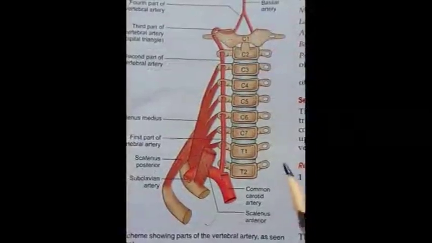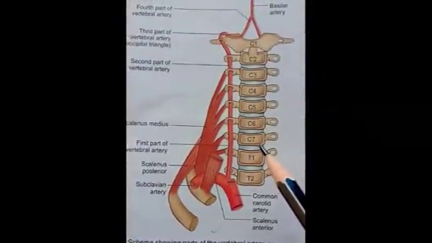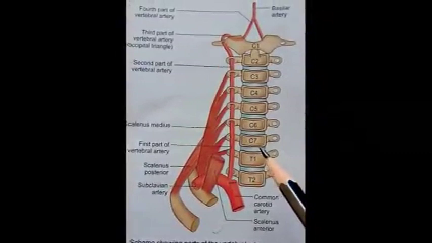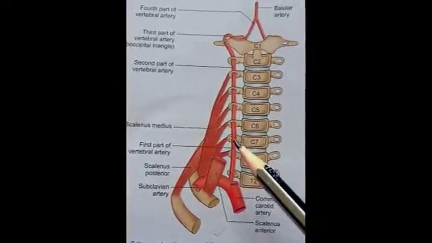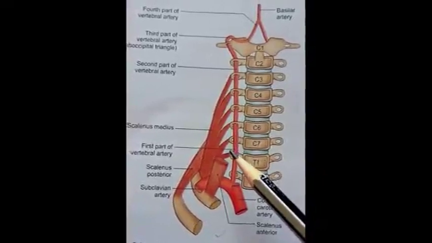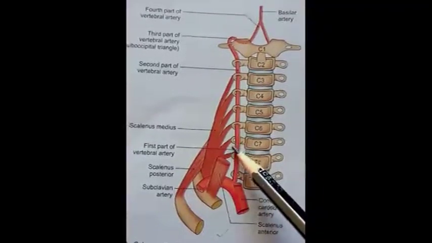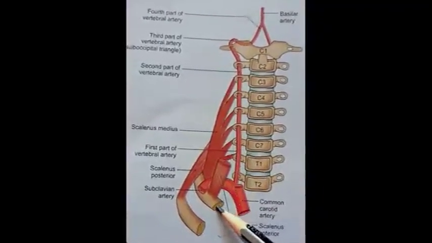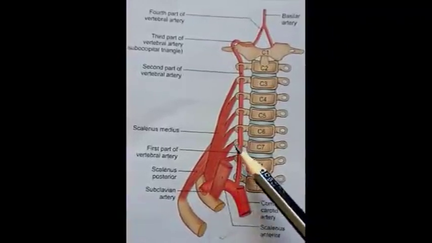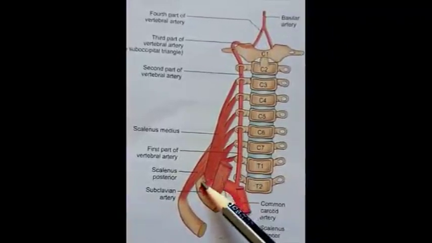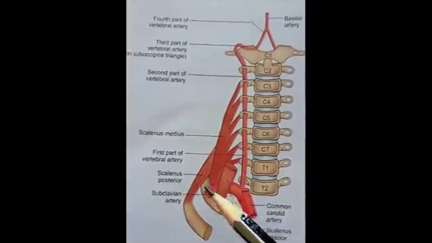Sometimes in some persons an extra and rudimentary muscle is also present, known as scalenus minimus muscle. It arises from the anterior border of the transverse process of the 7th cervical vertebra and is inserted into the inner border of the first rib behind the groove for the subclavian artery, meaning from this area to this area of the first rib this muscle extends.